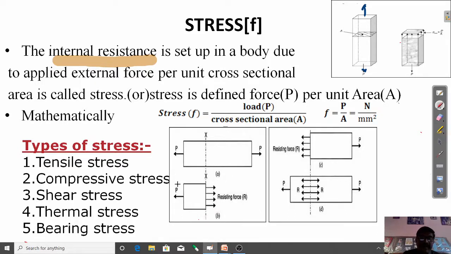To be in equilibrium, the applied load P is equal to resistance R. Therefore, for our convenience, instead of resisting force, we take load applied, which we know. And for calculating other parameters, we take load P. Therefore, stress is equal to applied load P divided by cross-sectional area.